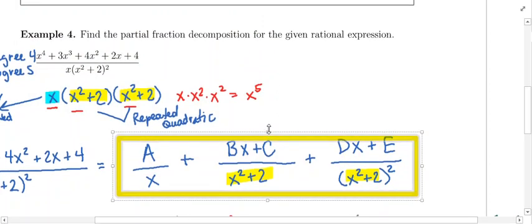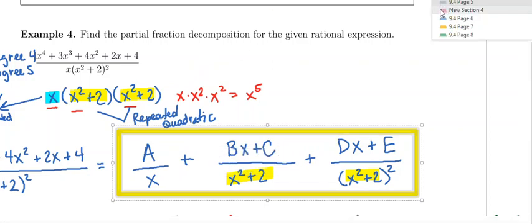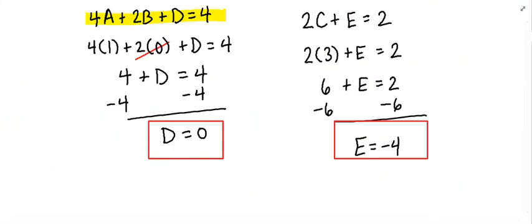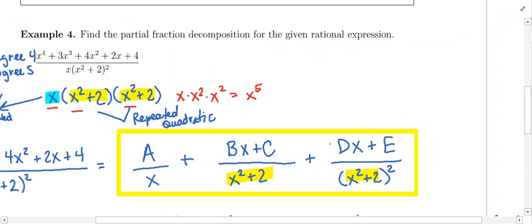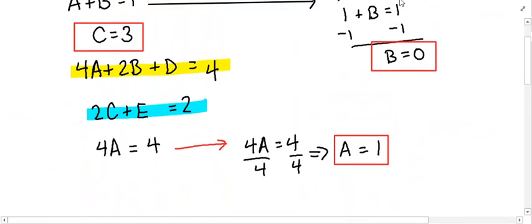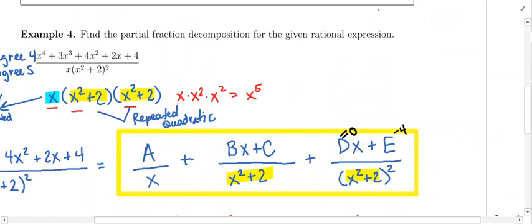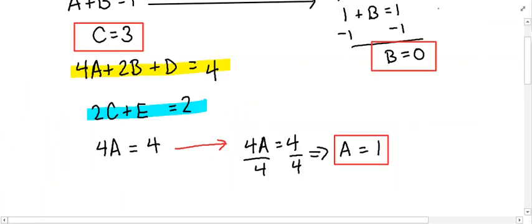We know A, B, C, D, and E. Let me write those down. D is 0, E is negative 4. A is 1, B is 0. And lastly, we know that C is 3.